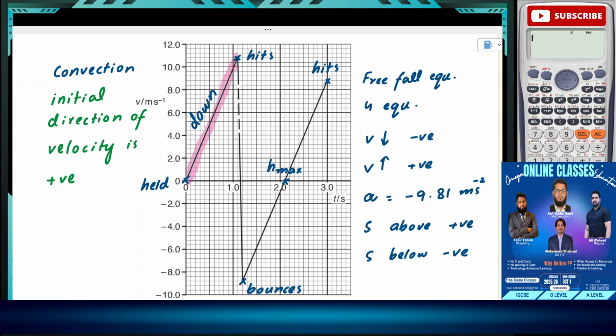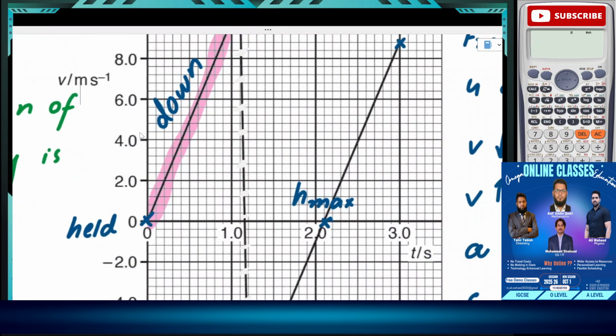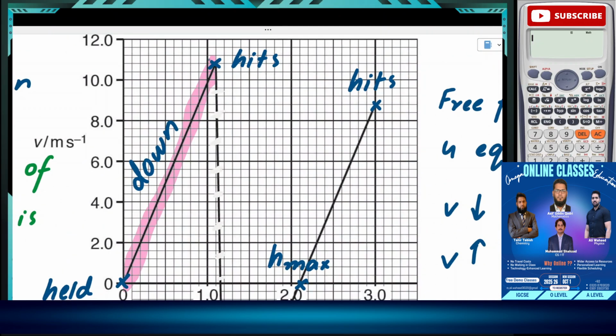So I'll make it a dotted line, at least for first few examples. So you would know that this vertical line, not exactly vertical, but this line is not part of the graph. And the line is slightly tilted because there is collision time also. The time at which the ball hits the ground was, if I could read from the axis, the time at which the ball hits the ground, this one is 1.1 second.